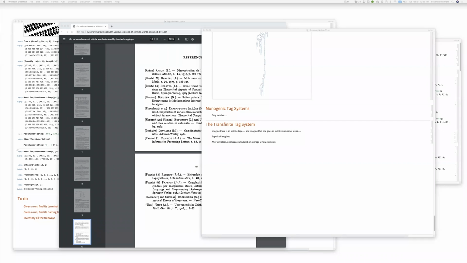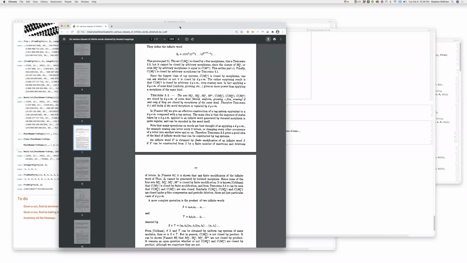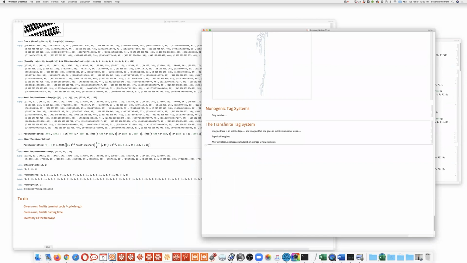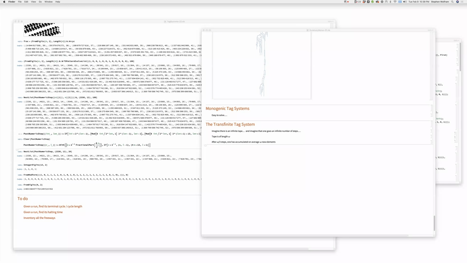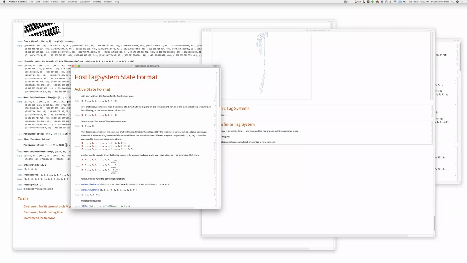Somebody here did an experiment with a tag system where they got a very small distance. Okay. Fine. All right, let me just look at Max's analysis of the... okay.